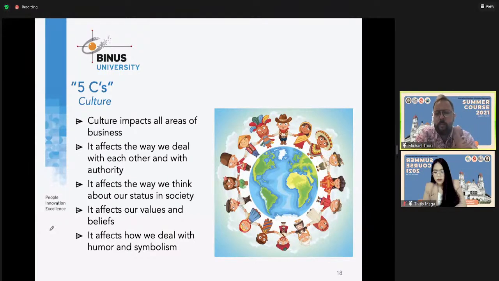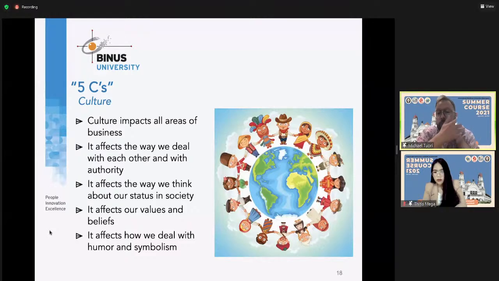But culture is going to impact everything. It impacts our human resource management. So if we're going to open up a branch in the new country and we're going to hire local employees, the culture is going to affect how we motivate them, how we work together in a team, how decision making is done.